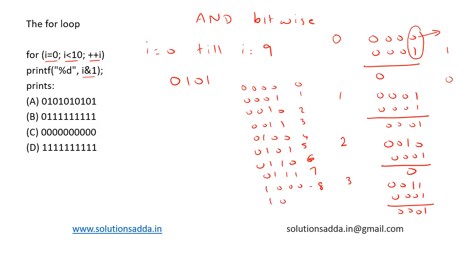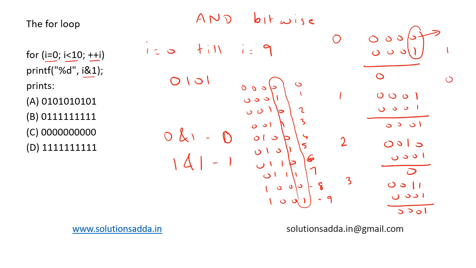And 9 will be 1001. So we just need to check the value of the LSB here. If it is 0, it will be printing the value 0, and if it is 1, it will be printing the value 1.